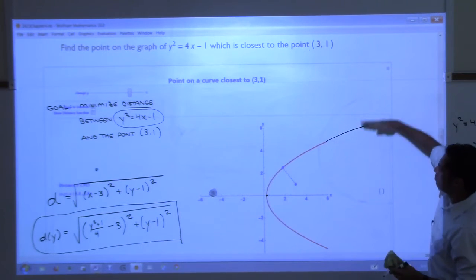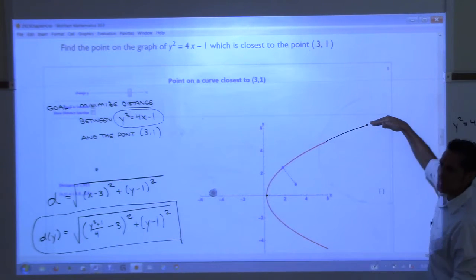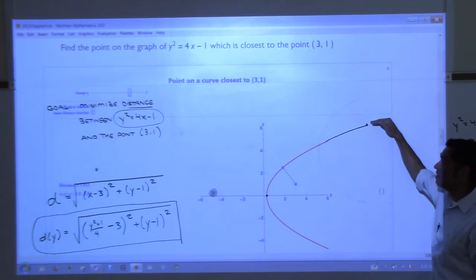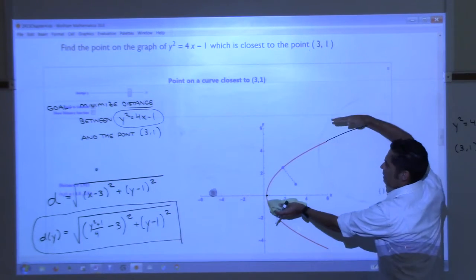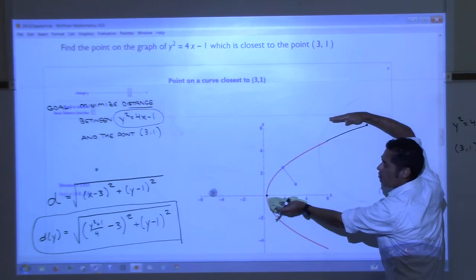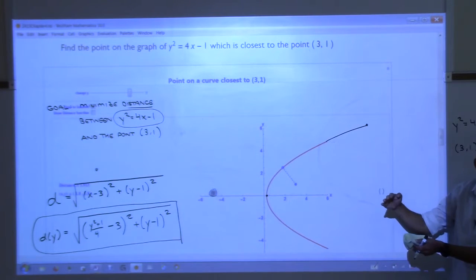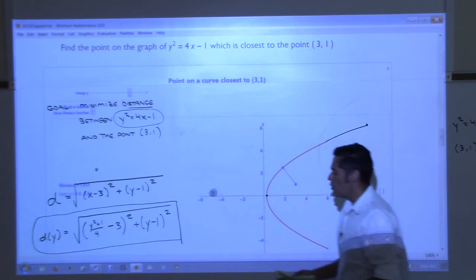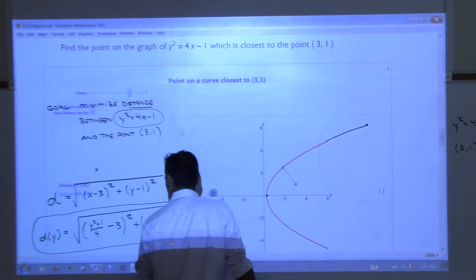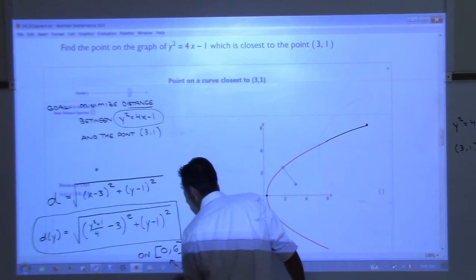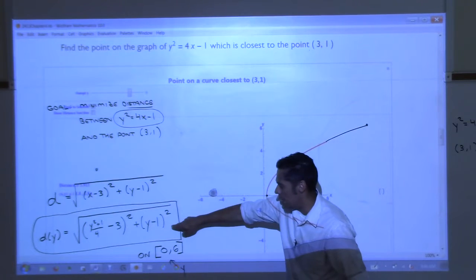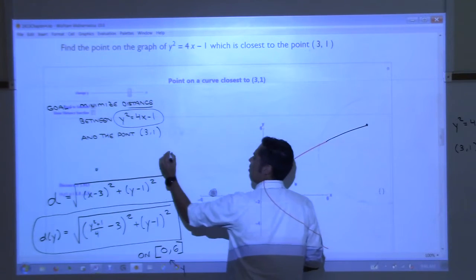Right? We're looking at the y coordinate. So if y is 6, I think we can be safe to say that our answer is somewhere before that. And if y is 0, I think you know what I'm saying? Like between here and here. Our true answer is in there. Yeah? Okay, so I'm going to lock this in, and I'm going to look at this on the closed interval 0, 6, and just remember I'm talking about y here, okay? Because the variable is y. If you want, you could write this.